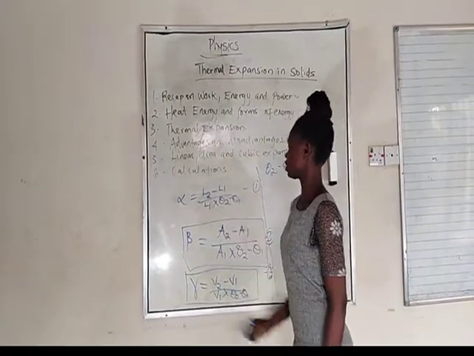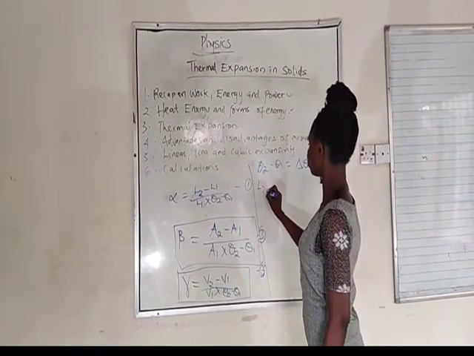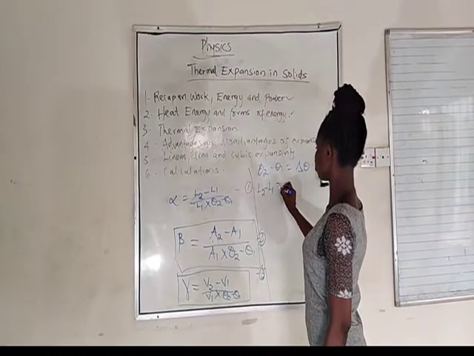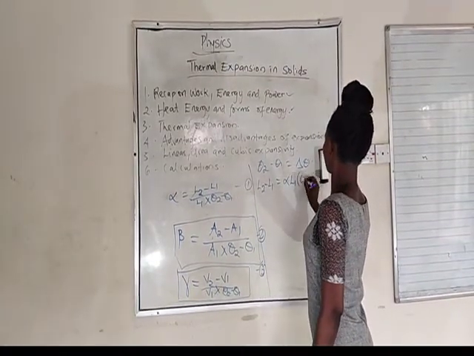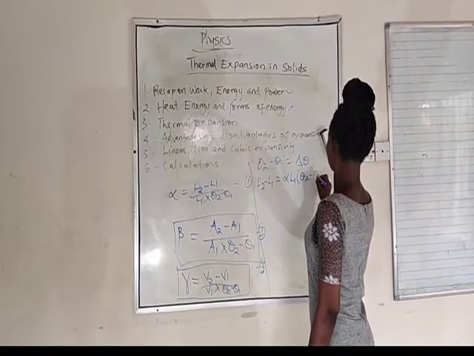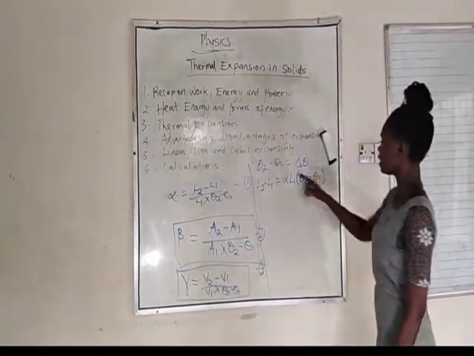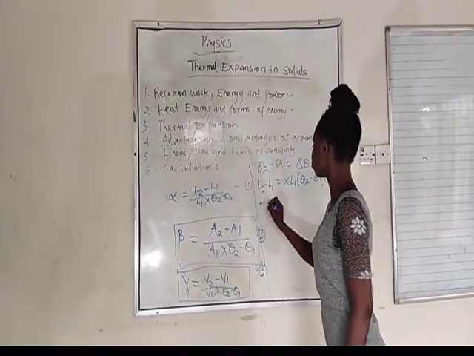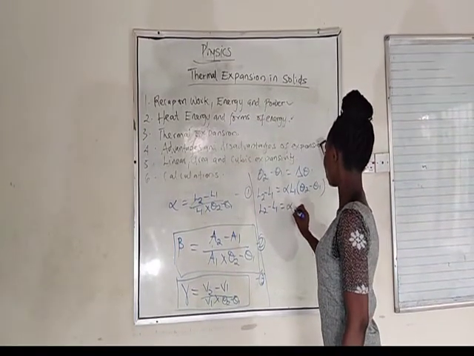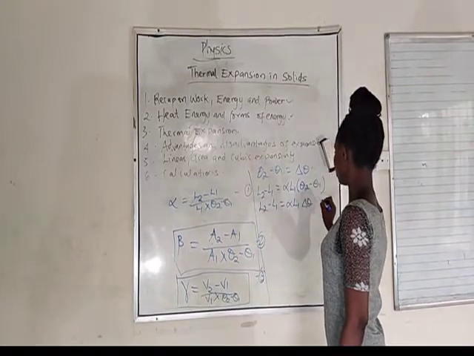If we do a cross multiplication, it means that your L2 minus your L1 is going to give us alpha L1 in bracket theta 2 minus theta 1. And since we have said let theta 2 minus theta 1 be change in theta, we can say our L2 minus L1 is going to be alpha L1 change in theta.